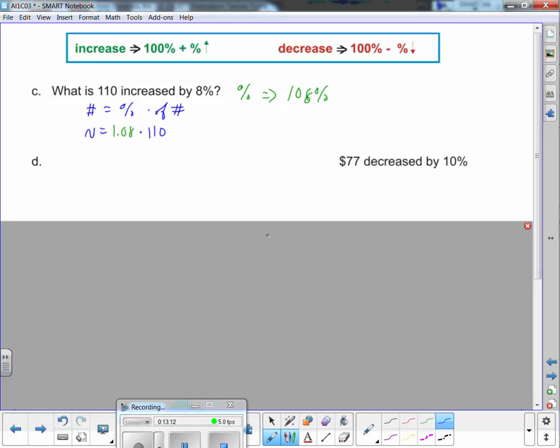So it's straight calculator, right? Grab your calculator out, punch it out, and then ask the mams. Does my answer make sense? 1.08 times 110. 1,118.8.